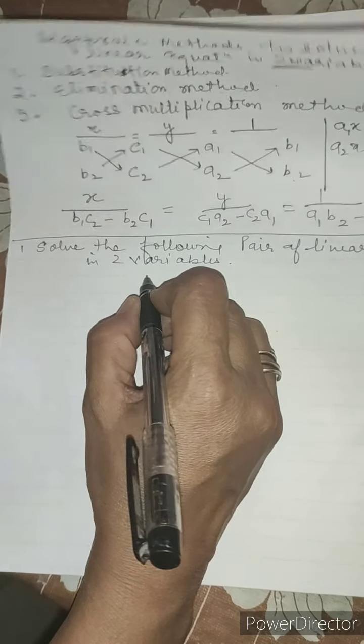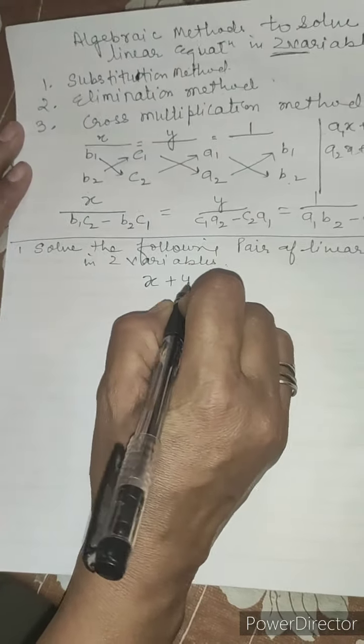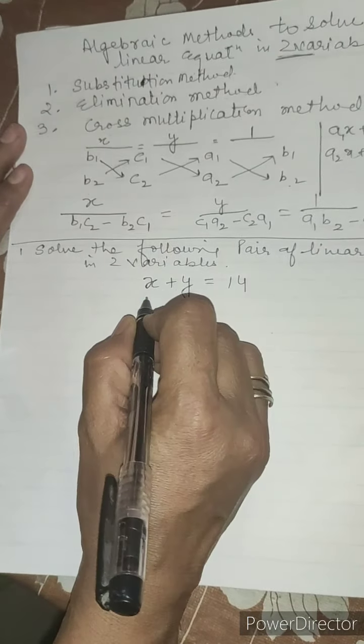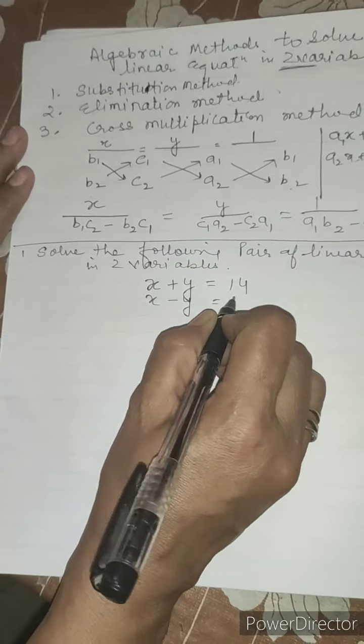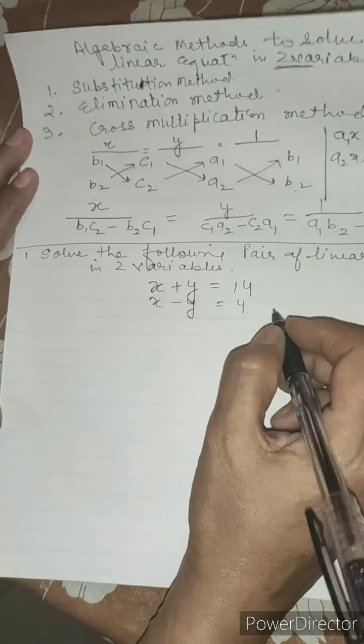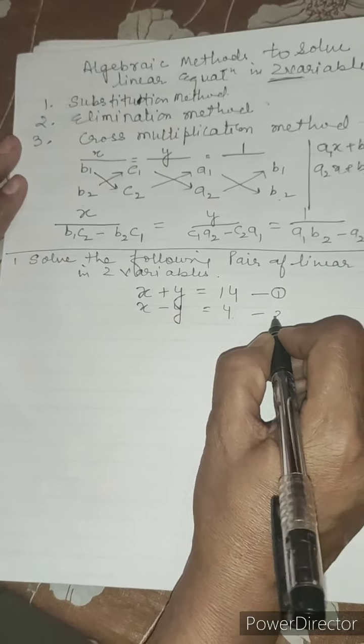So let the equations be x plus y equal to 14, x minus y equal to 4. Let it be equation 1, let it be equation 2.